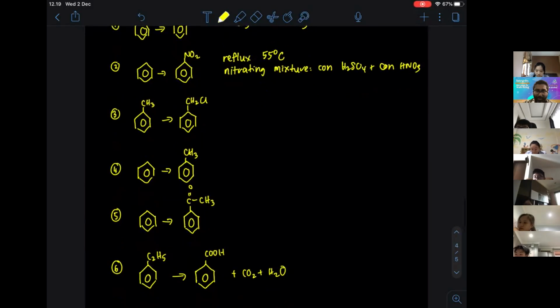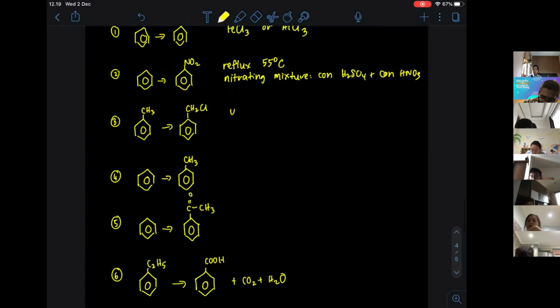So how about the condition for number 3, Arnetta? Catalyst of AlCl3. Do we need a catalyst for this? This is going to be UV light.